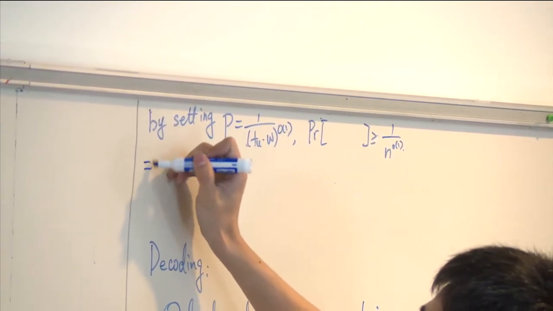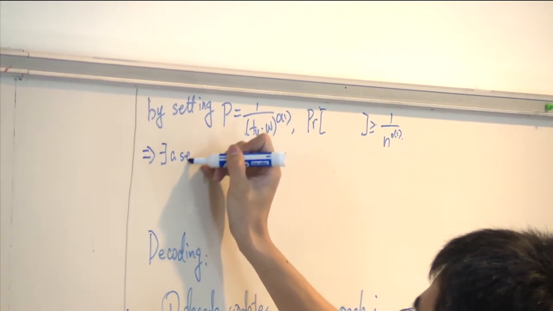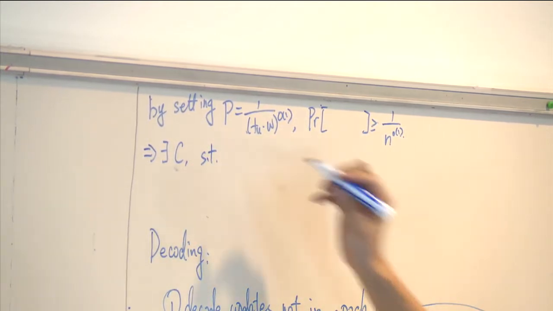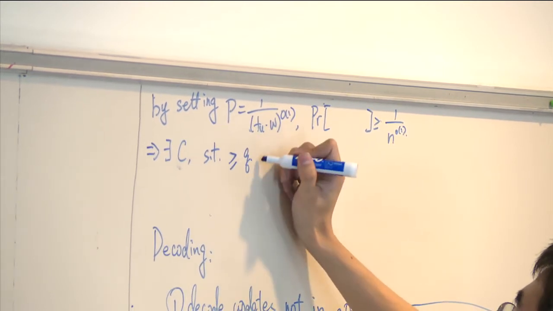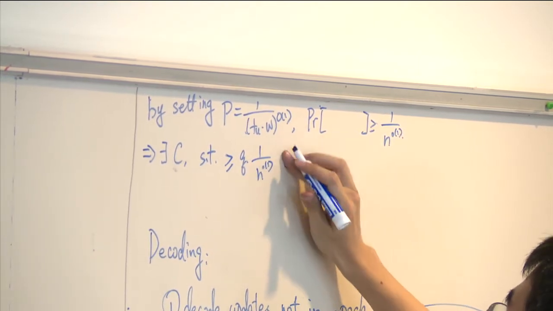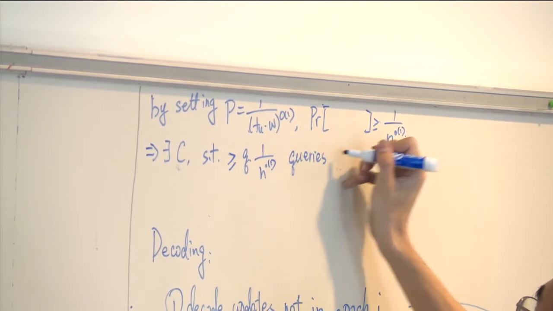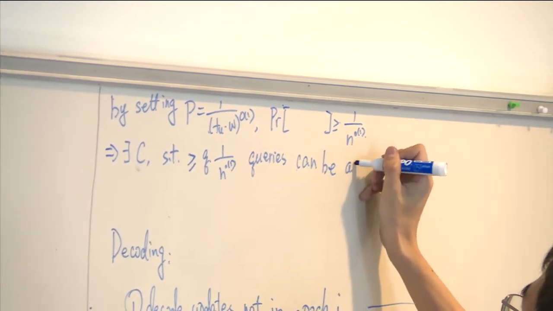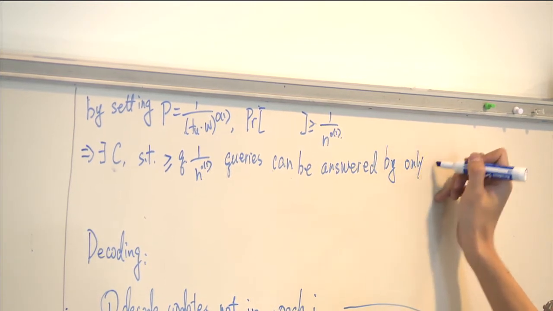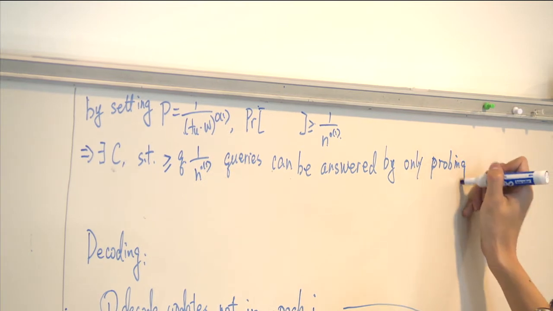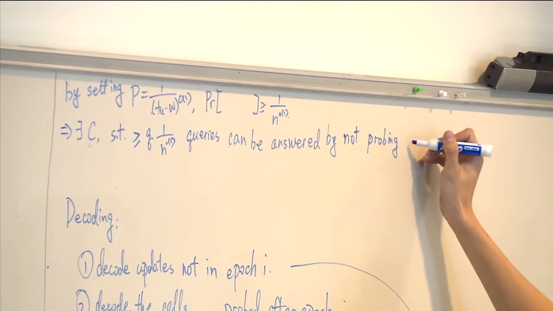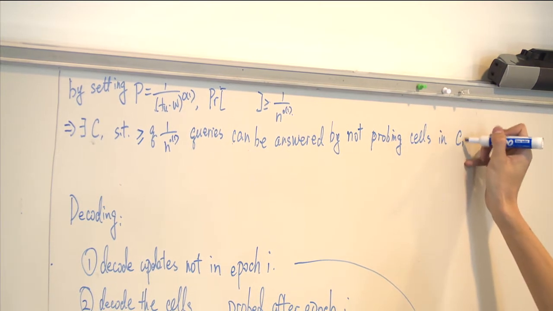So this in particular implies that there exists a set C such that, by doing basically the same argument as in cell sampling, at least Q times p to the tu queries, which is Q times 1 over n to the little o of 1 queries, can be answered by not probing cells in Ci minus C, right?